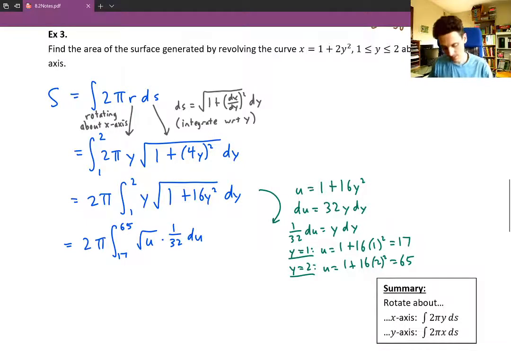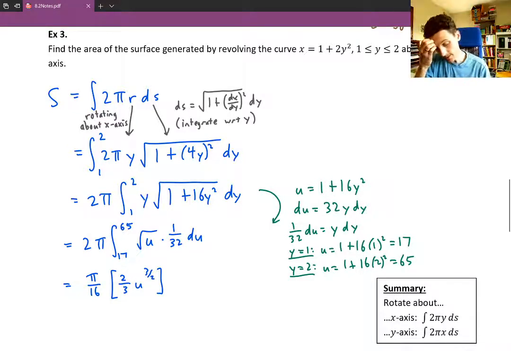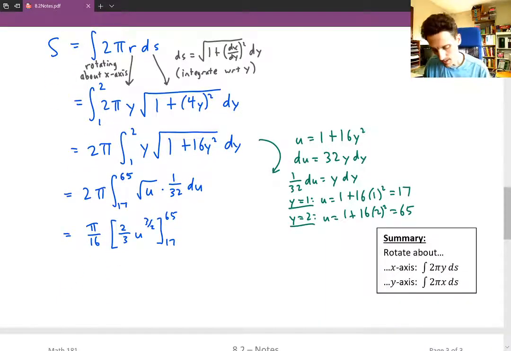There we go. The 1 over 32 can come out with a 2 pi and turn into pi over 16. And then the antiderivative of the square root of u is going to be 2/3 u to the 3 halves. So 2/3 u to the 3 halves from 17 to 65. Then we can plug in our limits of integration.